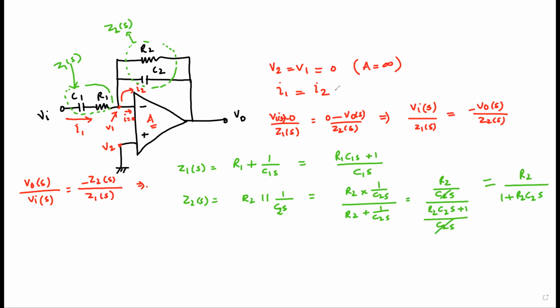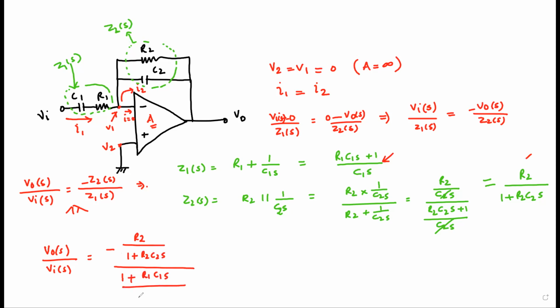Once we have these two values, we come back to this expression right here and try to plug in those values. So what we see here, minus Z2 is now this. So it would be R2 divided by 1 plus R2 C2 S, divided by the value of Z1 of S, which is right here, 1 plus R1 C1 S divided by C1 S. So we try to solve them.